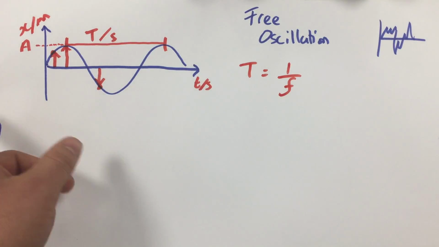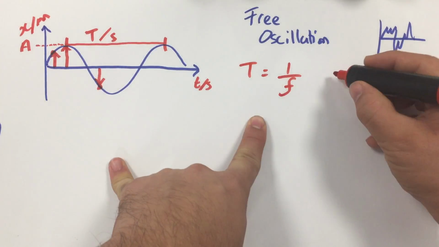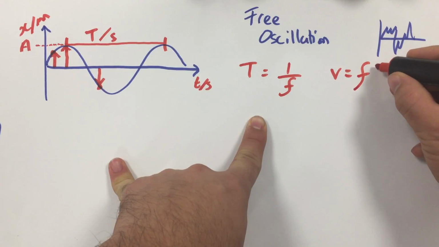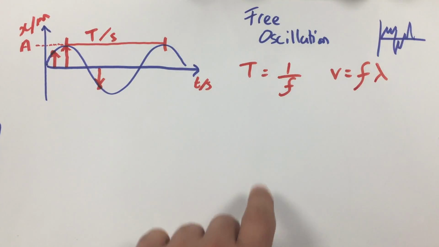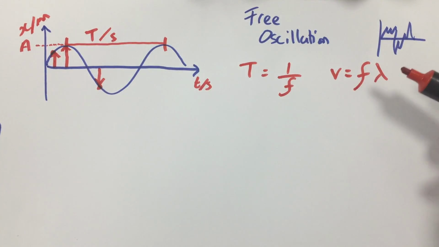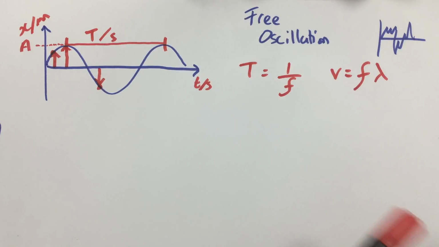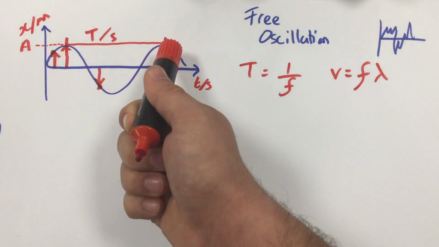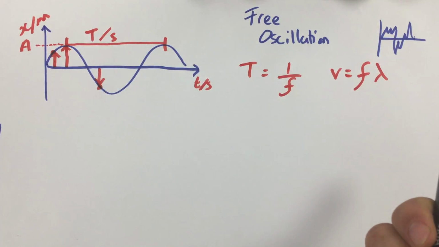If I know the speed of the wave, then I can use wave speed is equal to frequency times lambda, or wave speed is lambda over period, which would be appropriate, and so I can work out wavelength that way. So just be careful that if I have a displacement time graph, then this is the period, not the wavelength.